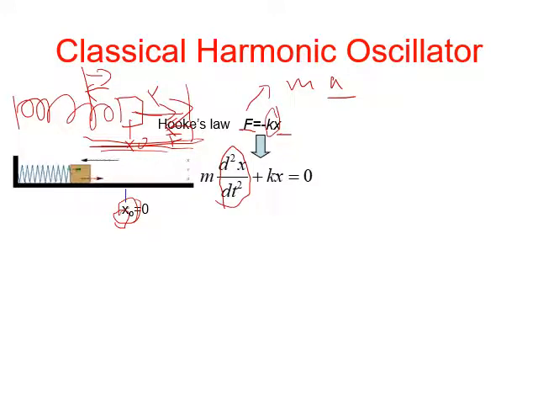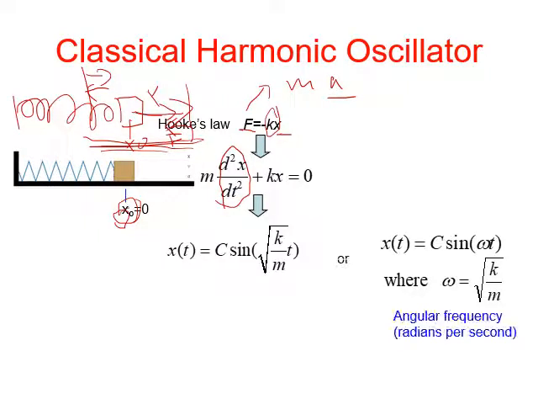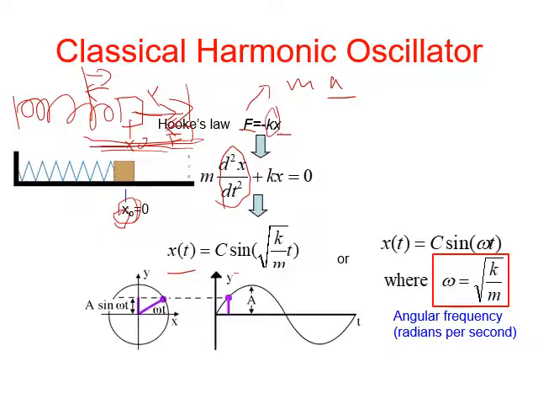Combined with the characteristic equation and the boundary condition, we can solve this, and the solution is a sine function of time: displacement is sine of square root k over m times time. If we plot it, this shows how the displacement changes with time.